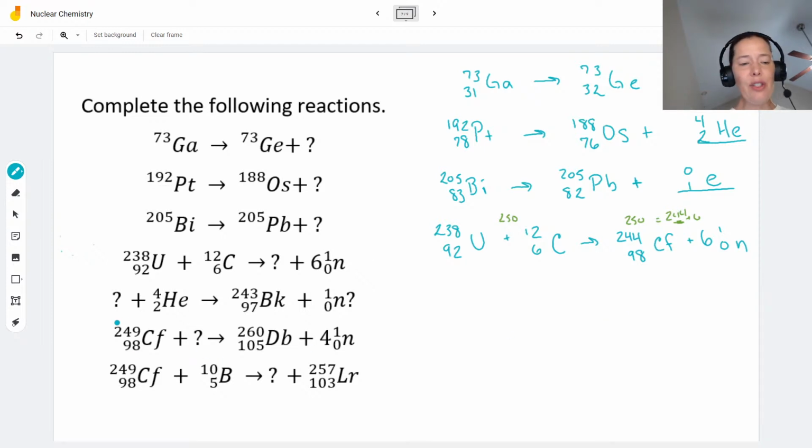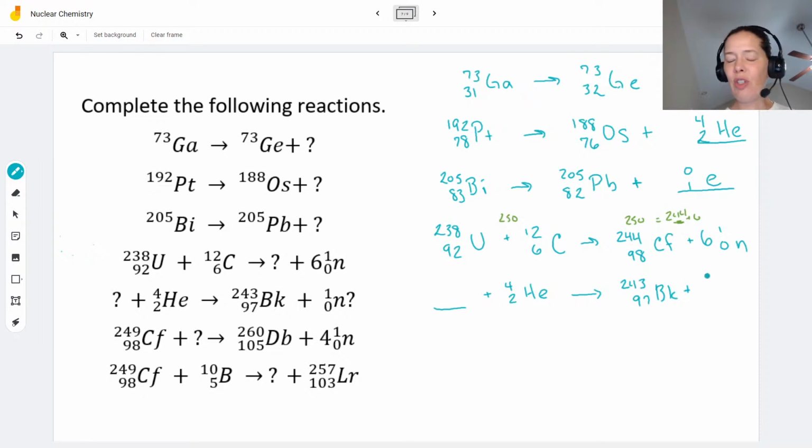All right, so in this next reaction, I am predicting right off the bat. So I've got a blank here. And in this case, I am not giving off an alpha particle, but I am actually capturing an alpha particle. Okay, so 243, 97, that's berkelium.